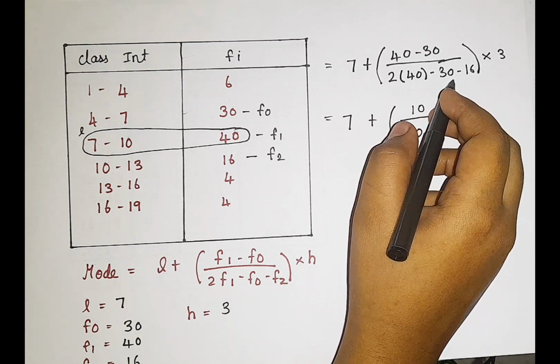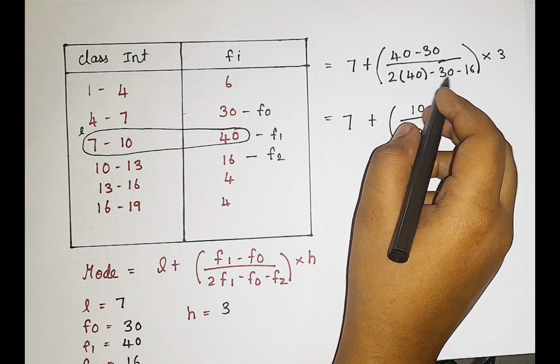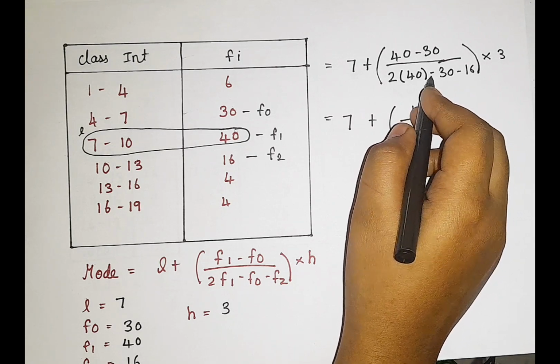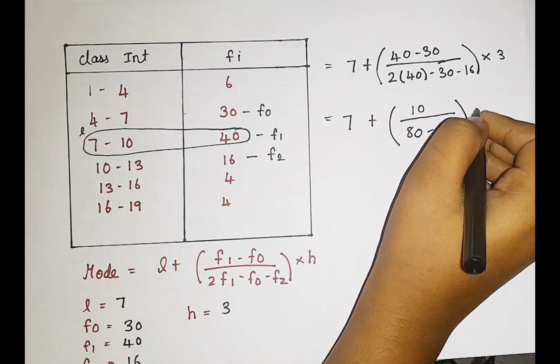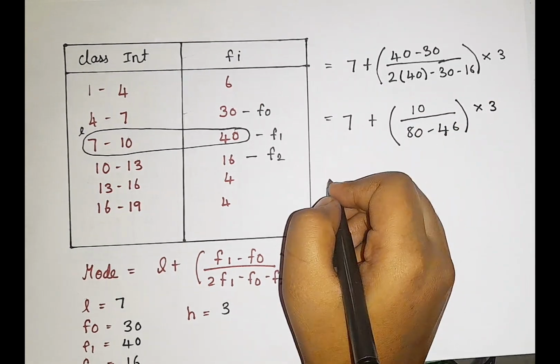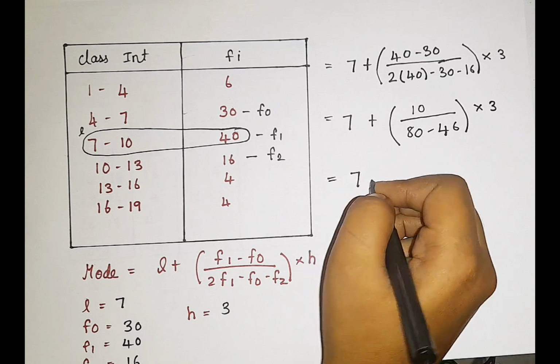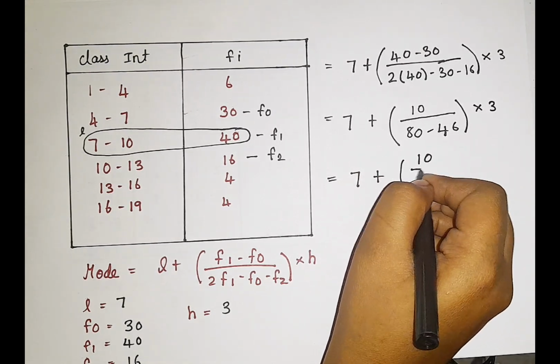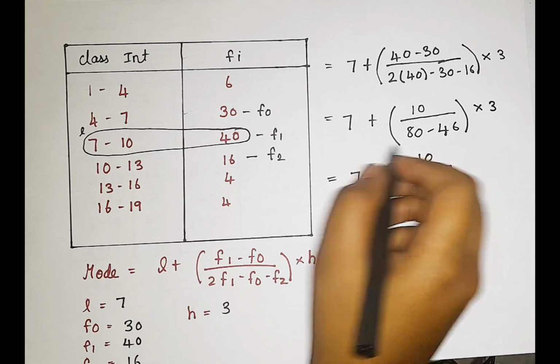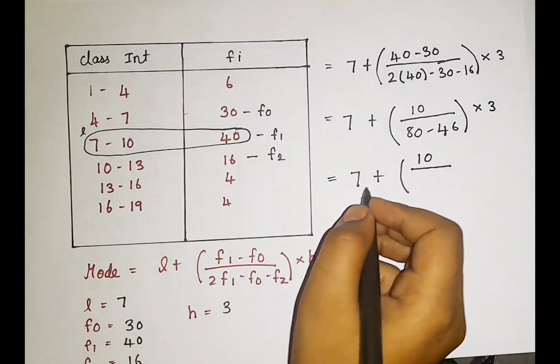When we add them, we get 46. Since the greatest number is 30, which has a minus sign, it's going to be 80 minus 46, and into 3. That is equal to 7 plus 10 divided by 34.